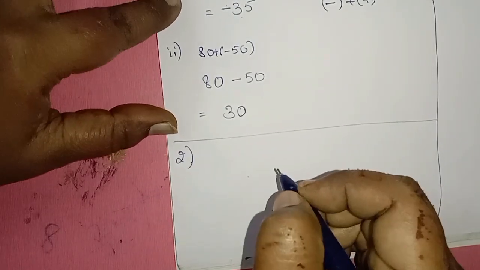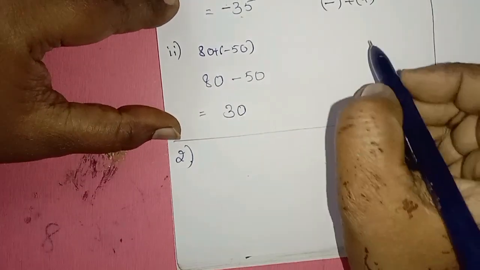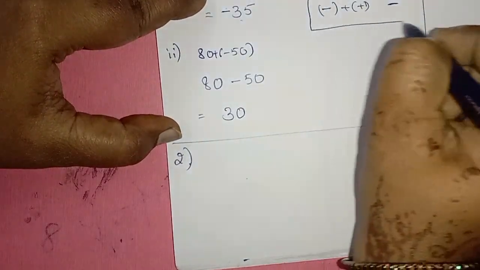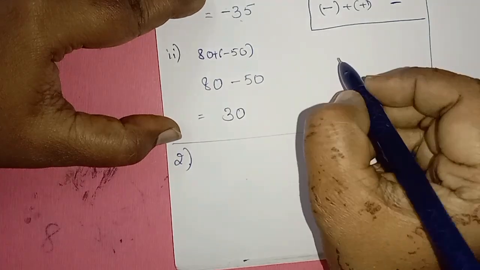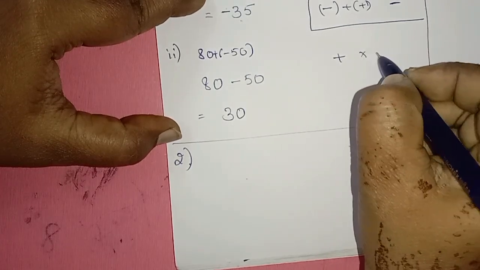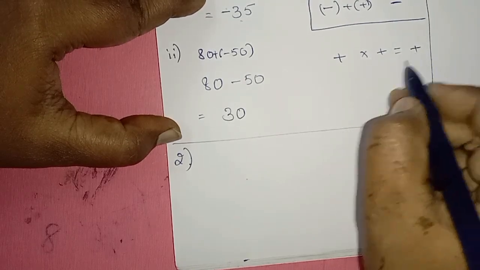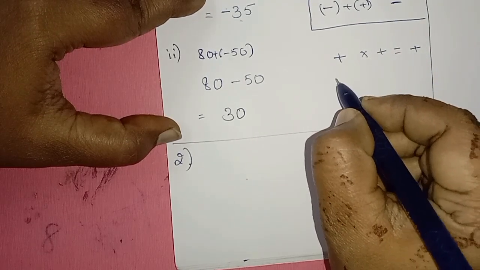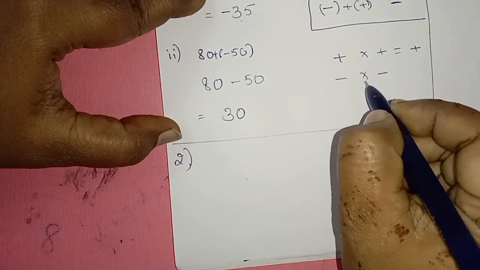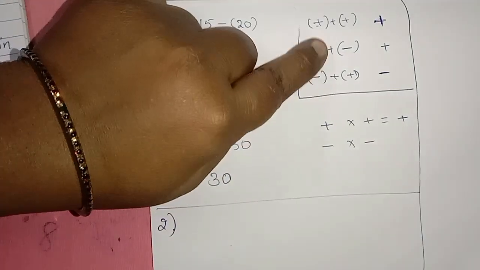Before going to the next question, we will discuss this. This is addition of numbers. Whenever you are multiplying two positive numbers, you will get a plus sign. Here it is multiplication, above one is addition, so get the difference.